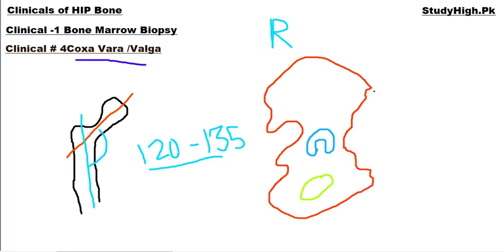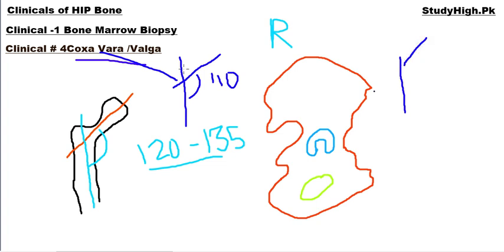If this angle decreases to below 110, then we say the patient is suffering from coxa vara. But if this angle increases above 135, then we say the patient is suffering from coxa valga.